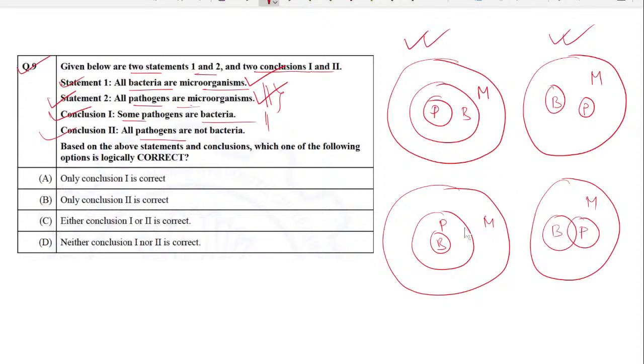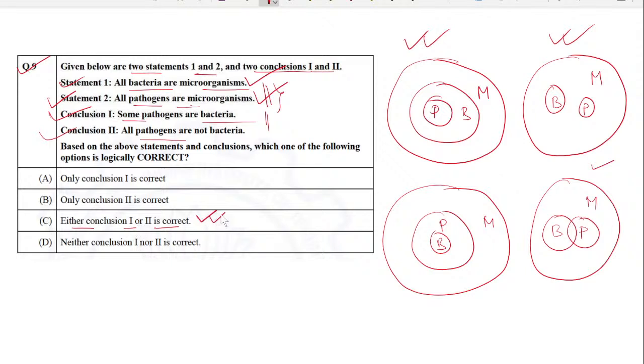These four cases may occur. Now conclusion 1 says that some pathogens are bacteria. Yes, this can be correct. Some pathogens are not bacteria. Yes, this is also correct. Therefore conclusion 1 may be correct and conclusion 2 can also be correct. Therefore option C, either conclusion 1 or 2 is correct.